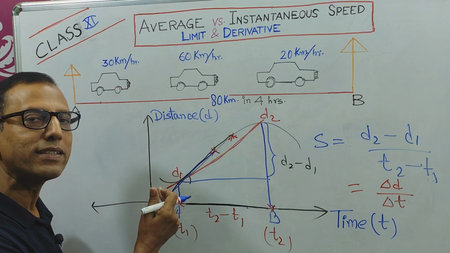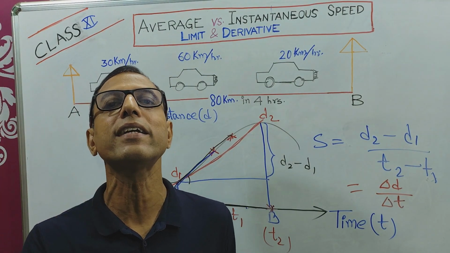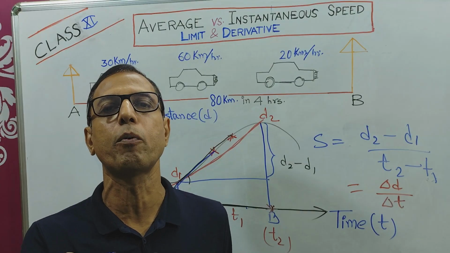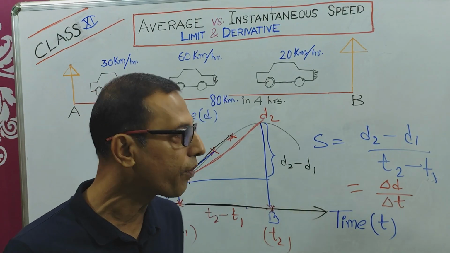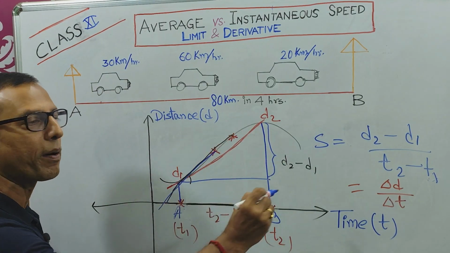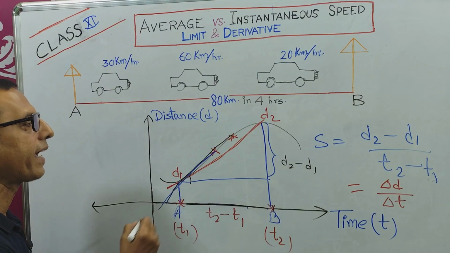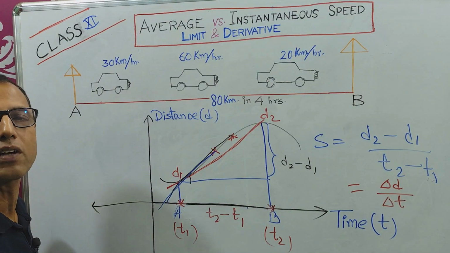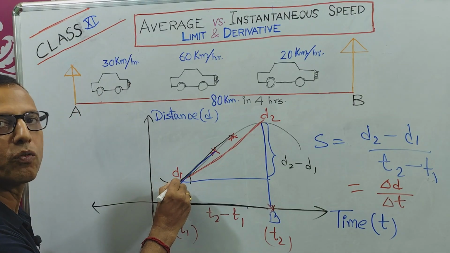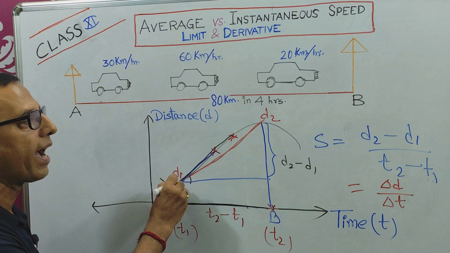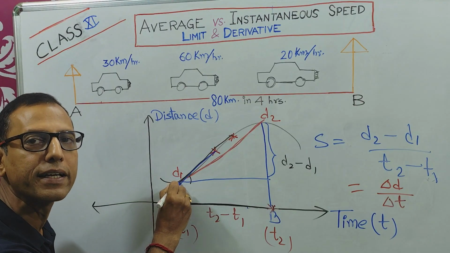It's not exactly 0 but towards 0. Towards 0 means infinitesimally small. So let's say it is 0.00000000111. That is infinitesimally small, not 0 but tending towards 0. Then the secant line converts towards a tangent, and at that point the distance to time ratio is called the instantaneous speed.